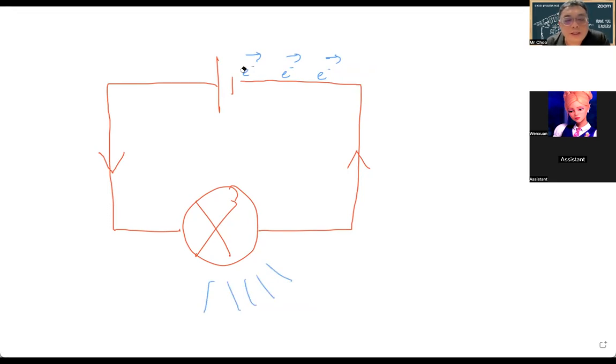Okay, so now you know that electrons will move around this circuit. So how do we measure the current? What's the definition of current? Current is the rate of flow of electrons. Is that correct? It is how much electron flows through a point. So let's talk about this point here.